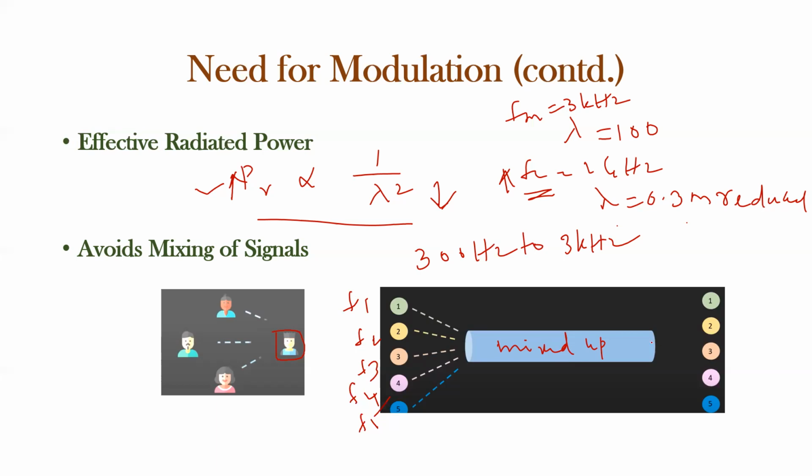So we can say that without any mixing, it will reach the destination. Whenever we use modulation, we can avoid interference and avoid mixing of signals, because each signal can be modulated with a different carrier frequency.